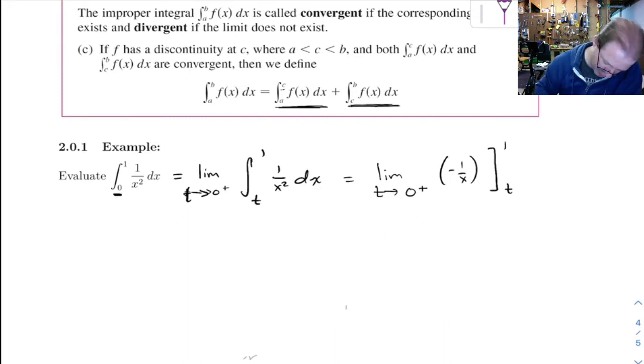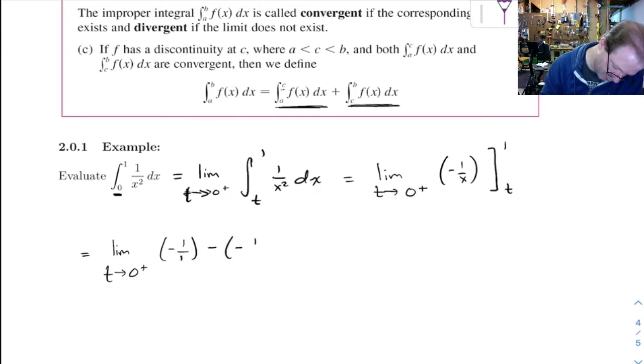So we get the limit as t goes to 0 from the plus side of minus 1 over x. Let's go ahead and plug the numbers in: minus 1 over 1 minus negative 1 over t.